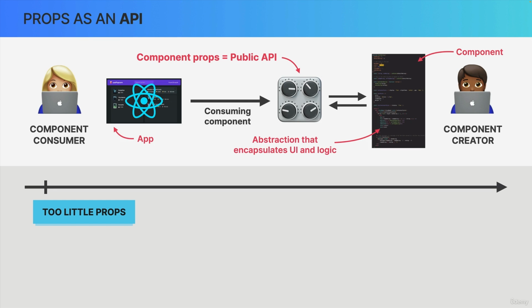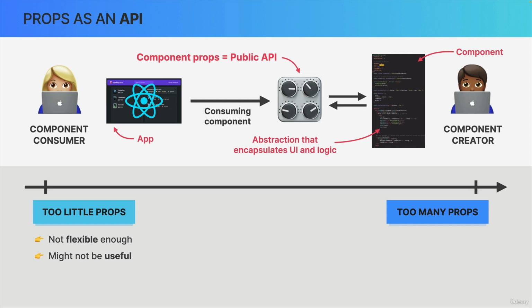Now, this might be perfectly fine, but it might also make the component not flexible enough, or maybe even straight out useless for the consumer. On the other hand, we could allow props for the URL of the weather data, the number of days, whether it should be daily or hourly, which temperature unit, what data should be displayed, and so on.